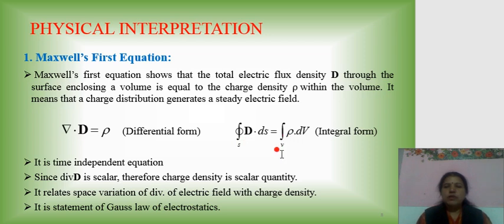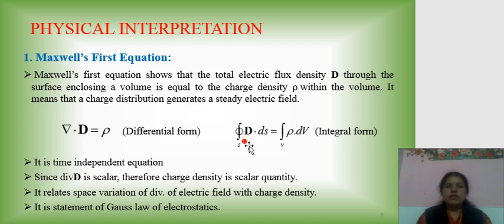It means that a charge distribution generates a steady electric field. This charge distribution over volume V generates the electric field. D, it is the electric flux density.